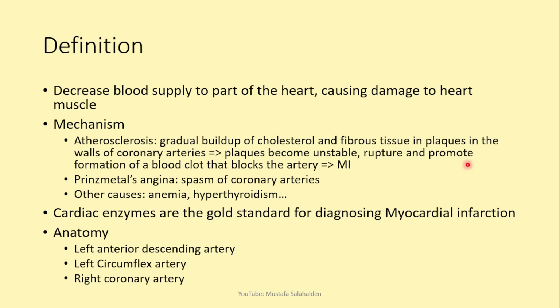So acute coronary syndrome is defined as decrease in blood supply to part of the heart, causing damage to the heart muscle. The mechanism of this condition is mostly atherosclerosis, a gradual buildup of cholesterol, fibrous tissue, and plaques in the walls of the coronary arteries.